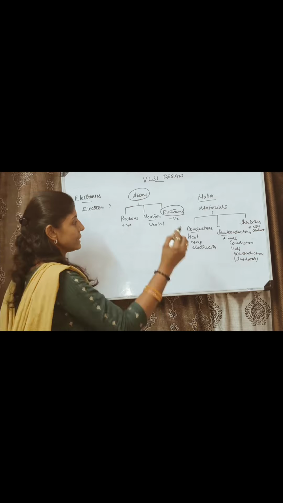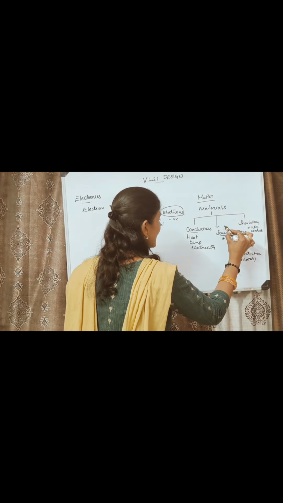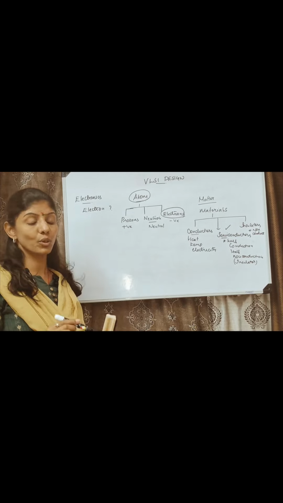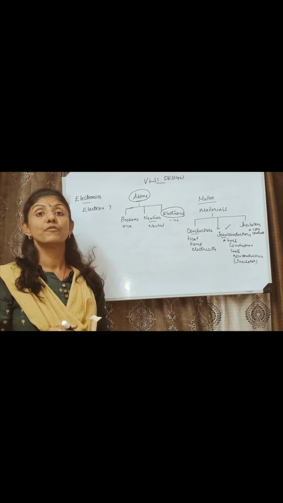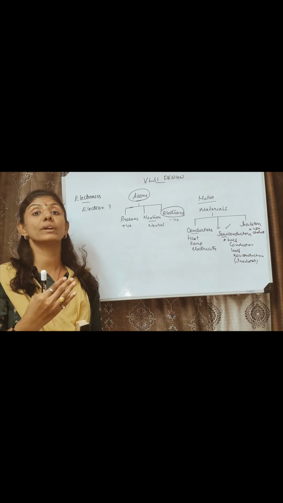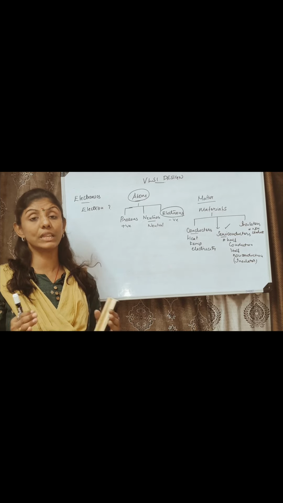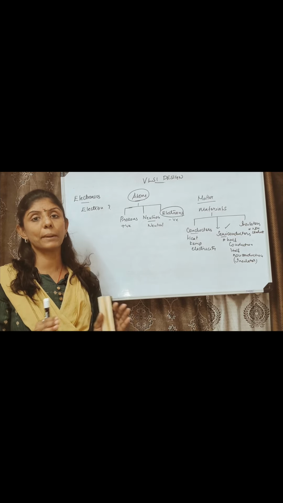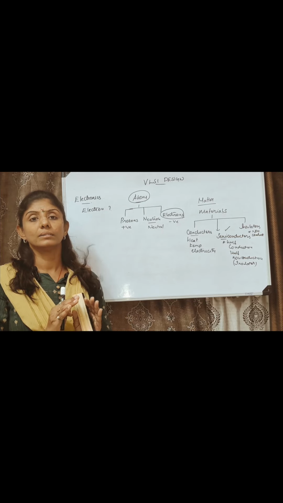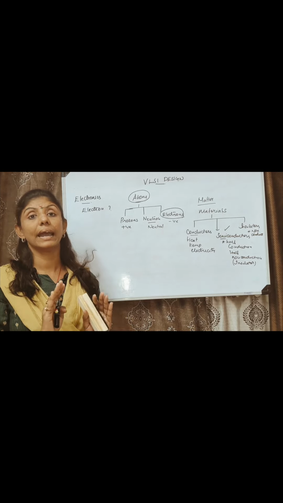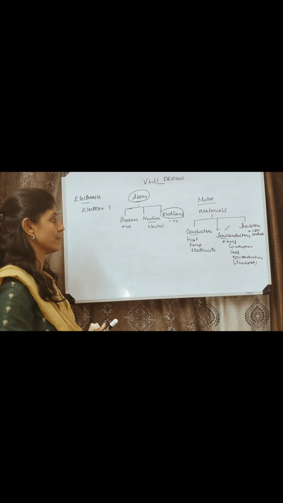Of these three, the semiconductor is the basis of electronics. If you want to fabricate any electron devices, you need a semiconductor. Without a semiconductor, you can't design or fabricate any electron devices, right?